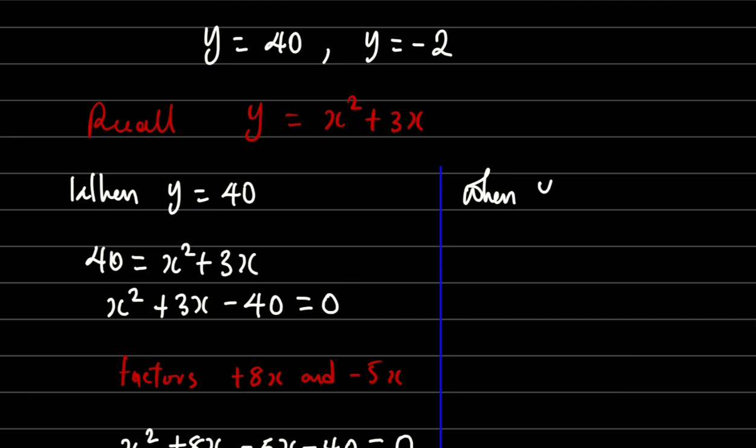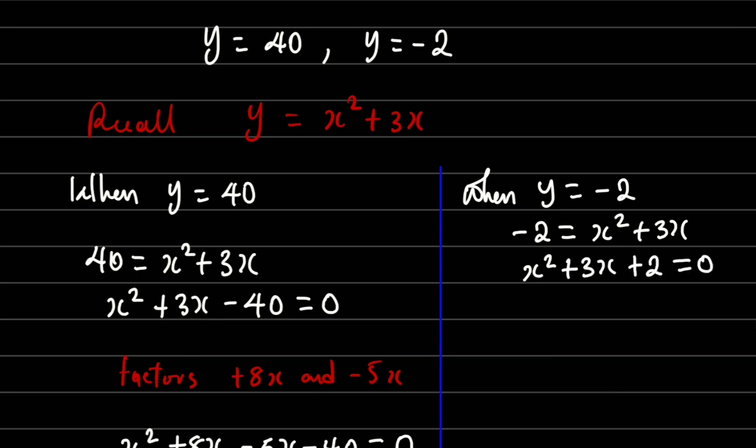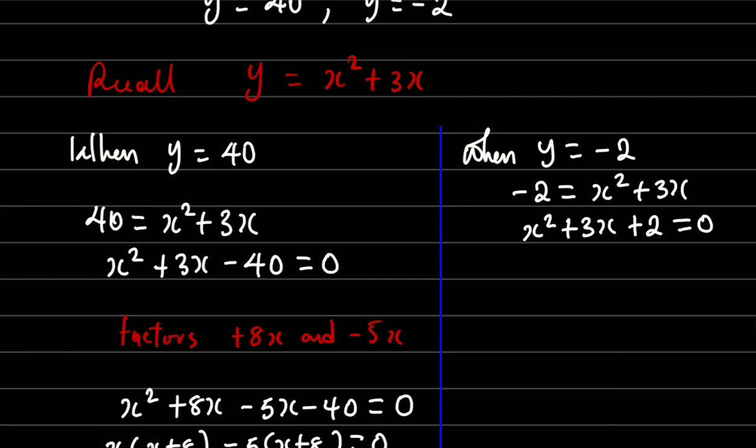When y is equal to minus 2, we're still going to get the same thing. So minus 2 is equal to x squared plus 3x. So rearranging, we are going to have x squared plus 3x plus 2 is equal to 0. And of course, the factors will be 2x and x.